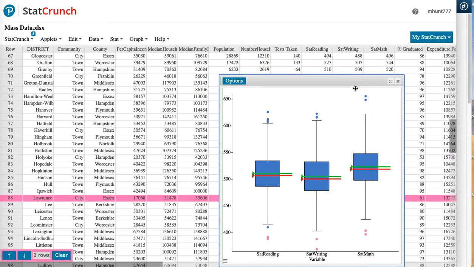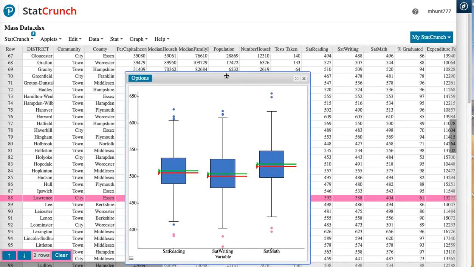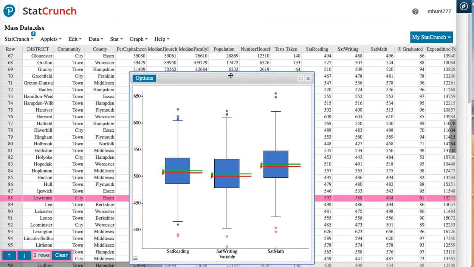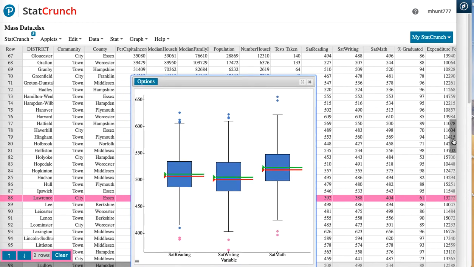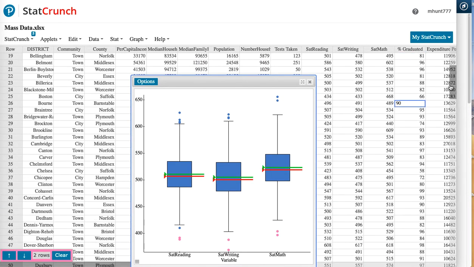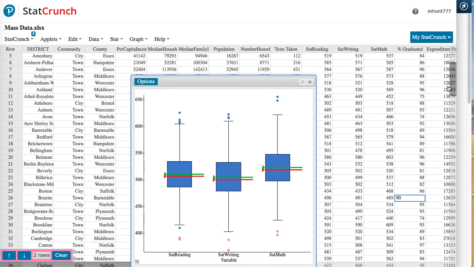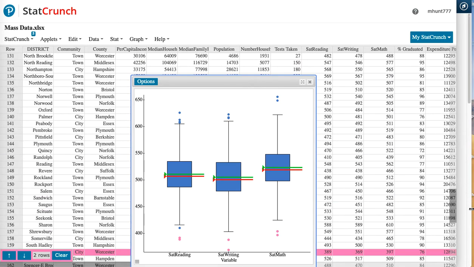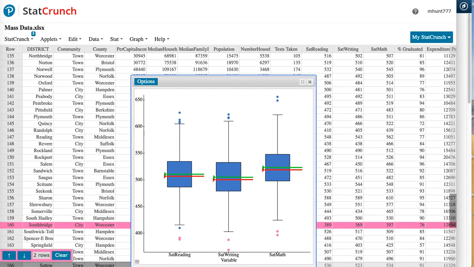They are Lawrence with an SAT in math of 404, and the other low outlier is Southbridge with an incredibly low math SAT of 397. So you can see the advantage of displaying box plots. You can do multiple box plots in one visual.